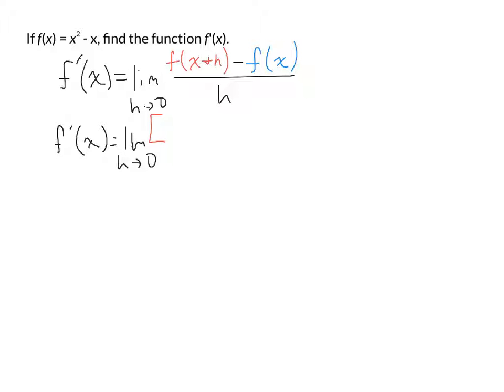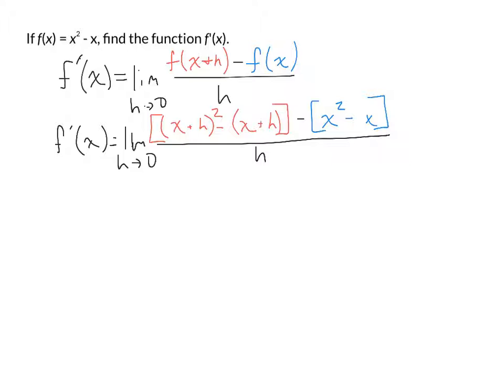So instead of x squared, we have x plus h squared minus, and instead of x we have, again, x plus h, minus, and then we have f of x. And f of x, we replace all of our x's with x, well, it just stays the same. So x squared minus x all over h. And we want to go through and simplify this.